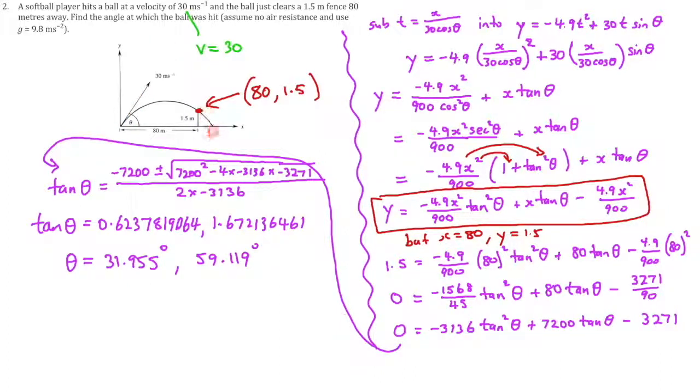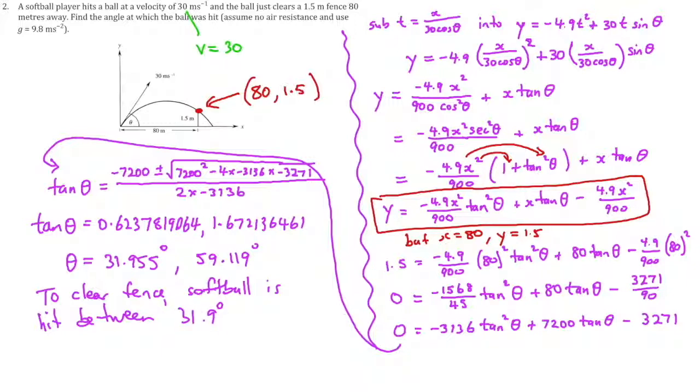Which means this: when we hit the softball, in order to clear the fence, the angle could go up high and down like that, it could go low, could be in between, but to clear the fence, the softball is hit between 31.955 degrees and 59.119 degrees.